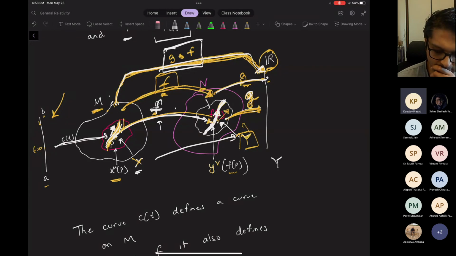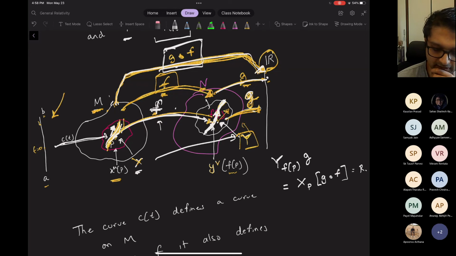But how did you relate y^μ to x^ν? Sorry, so y at f(p) on g, I said, is the same as x_p on g∘f, because it gives me the same real number.